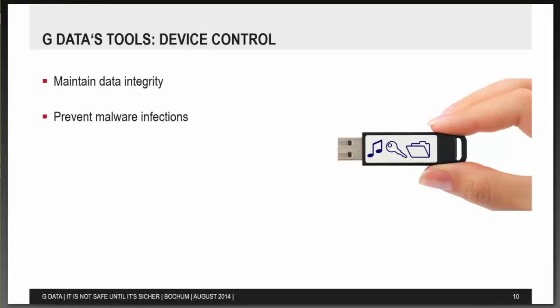So GData can regulate a number of different device types. The most widely used one, and the one that I've been talking about mainly in this presentation, would be USB mass storage. So any external hard drive, any pen drive, and also some mobile phones will probably fall under that category. Now a device class will tell the system which type of device was plugged in.